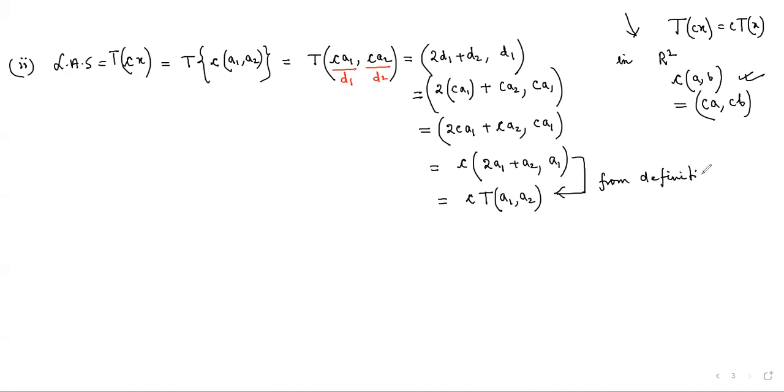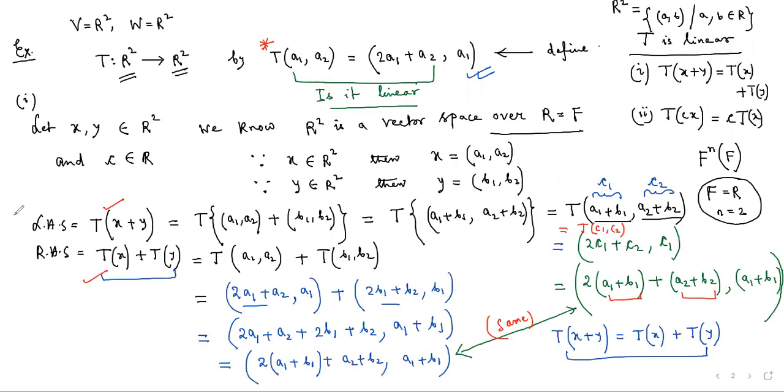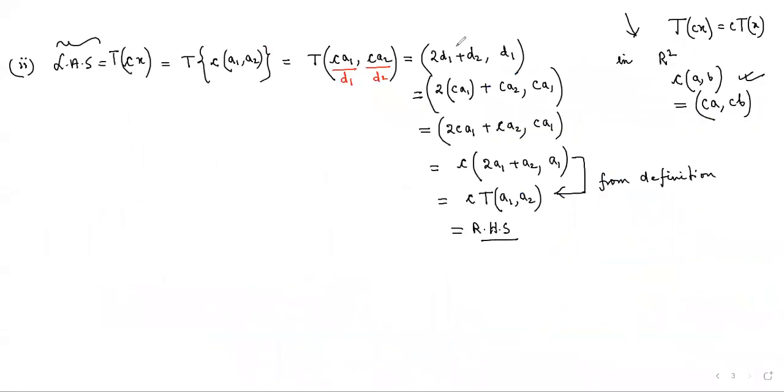Okay. And therefore we directly see that we started with LHS and we have directly obtained RHS. We don't have to show it separately. It is directly coming. So we observed in part 1 that T of x plus y equals Tx plus Ty. And now we are observing that T of Cx is equal to C into Tx.